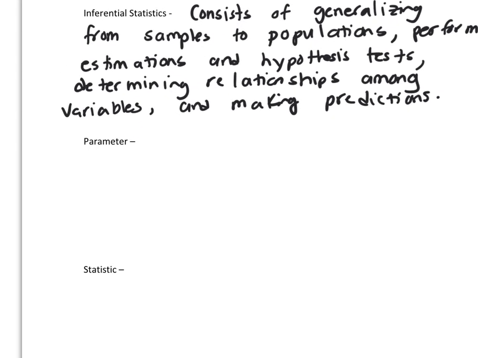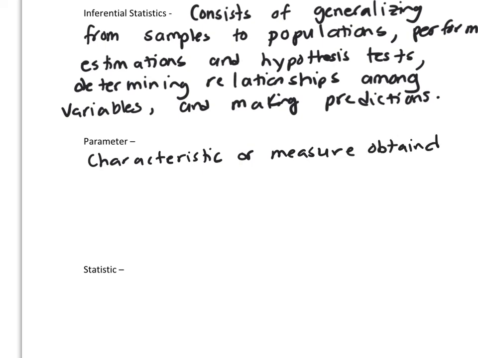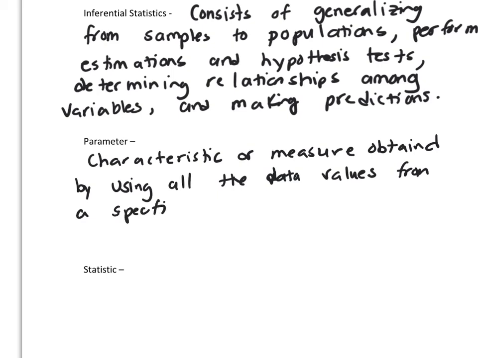It's the characteristic or measure obtained by using all the data values from a specific, I know this is boring, but we need to get through it, population. So when you see parameter, think population.